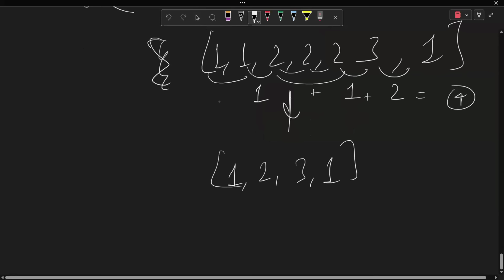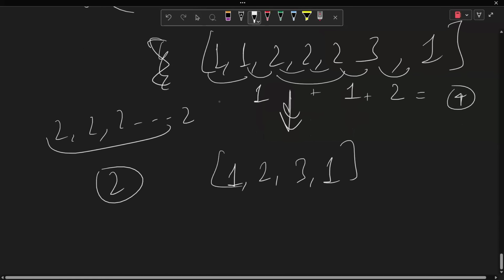So first thing is compress the array. Whenever you have consecutive same values, compress them to a single value of that type. So all the adjacent elements are distinct now. That's step 1, because by changing this, you are not changing anything in your answer.